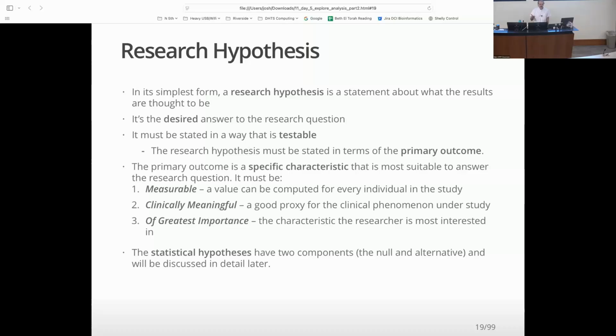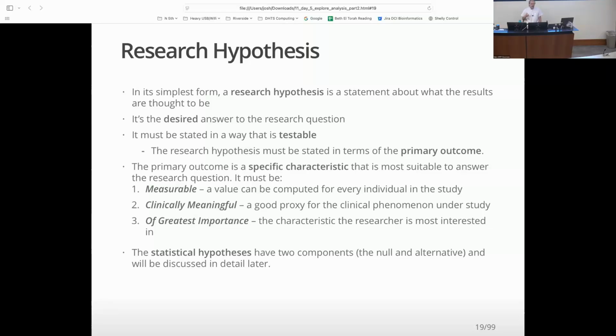Again, clinically biased, but I'm saying that the primary outcome should be clinically meaningful. But it doesn't have to be clinically meaningful; it should be meaningful for, say, apples. How sweet is the apple?